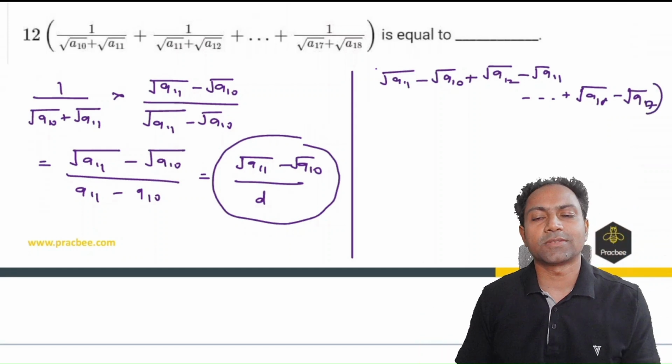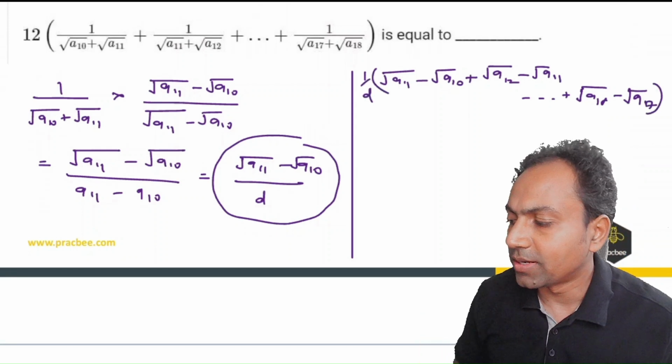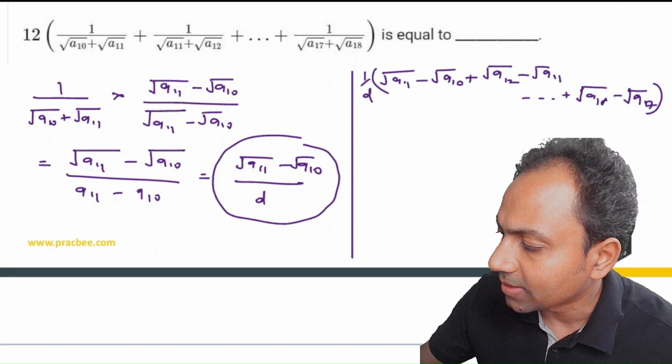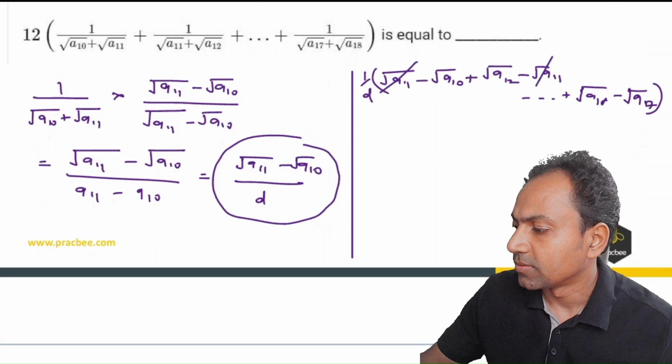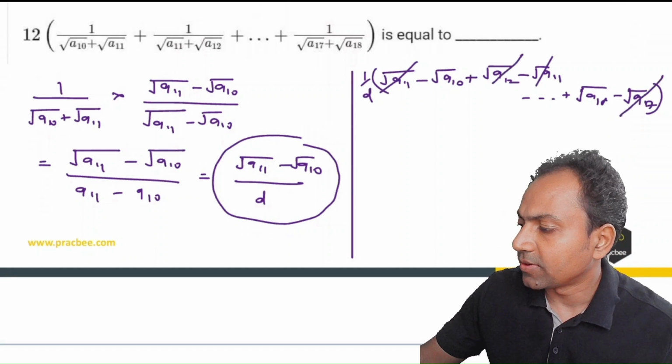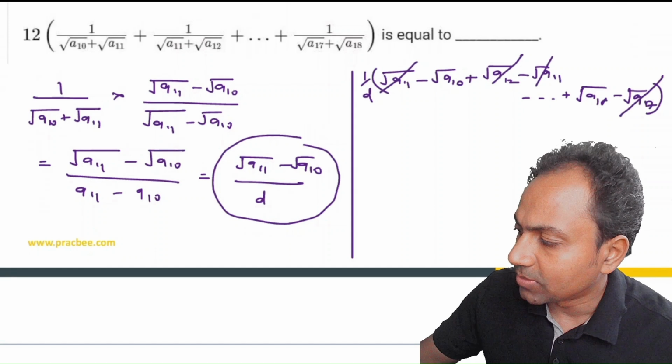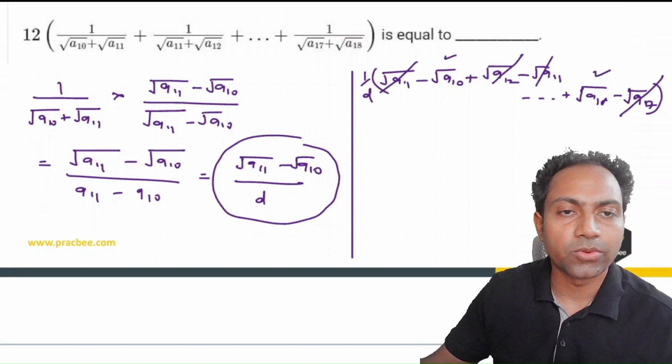So once you have done this, we have come to this point, and now you can see that alternate terms are getting cancelled out. A11 will get cancelled out. Okay. And you can see that if I do this, all the terms will get cancelled out except these two terms, that is root of A18 and root of A10.